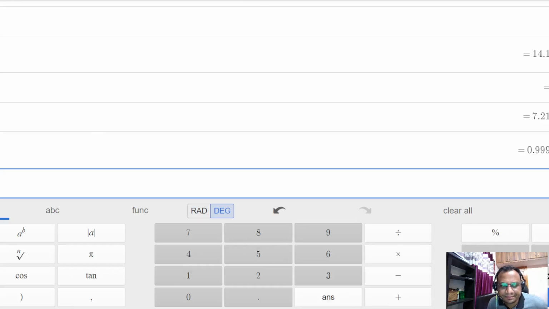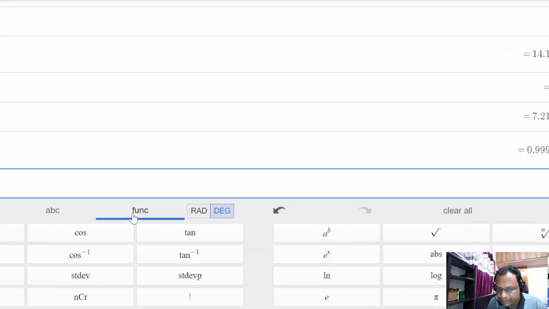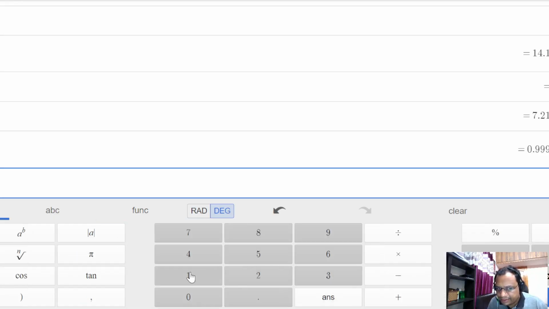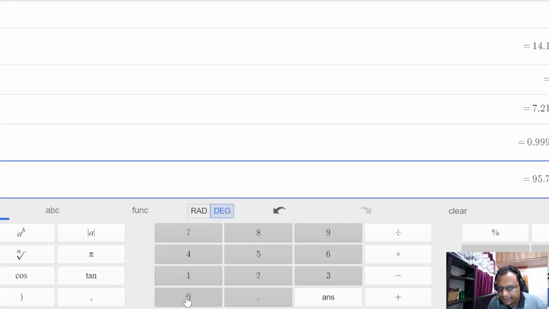Desmos. Cos inverse, do we have functions? Yeah, we have cos inverse. So cos inverse of minus 1 over 10. That we can come back to the main. Minus 1 divided by 10.